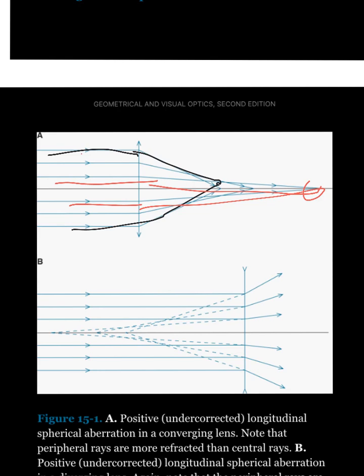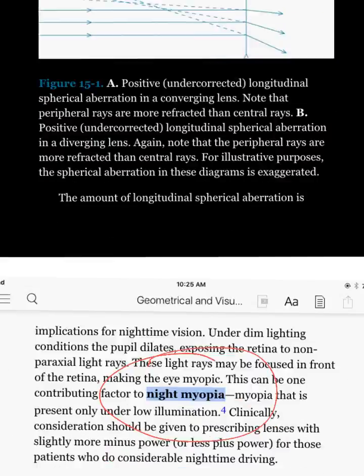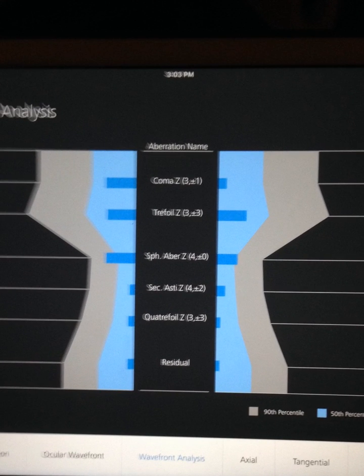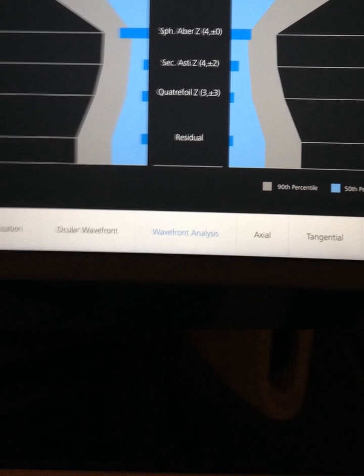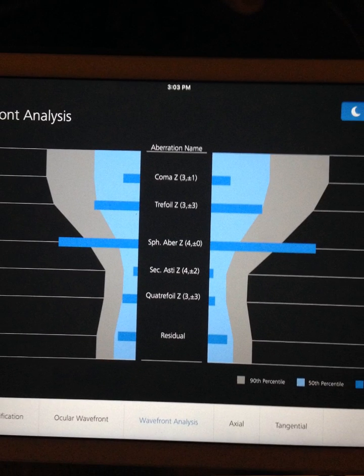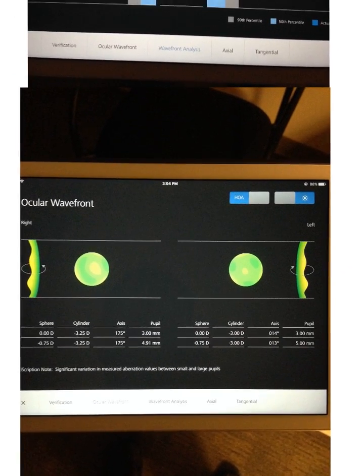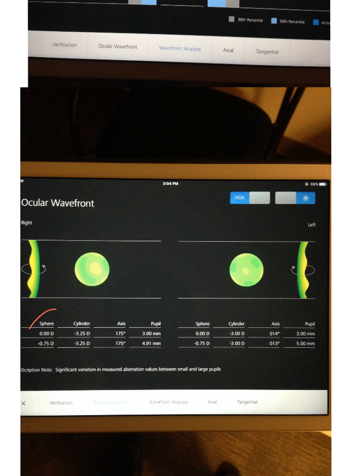Maybe I'll do it in black. These rays over here, and you develop night myopia. So let me show you a patient that I had. This is the daytime pupil from the Clarifye aberrometer, and this is the nighttime pupil. You can see a lot of spherical aberration, and you can see the auto-refraction at night and the auto-refraction in the daytime, and you can see that there's a significant amount of night myopia.